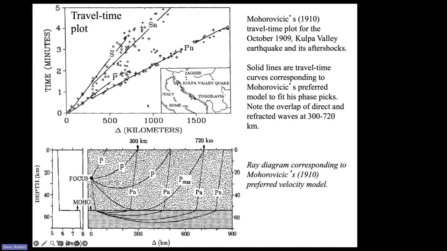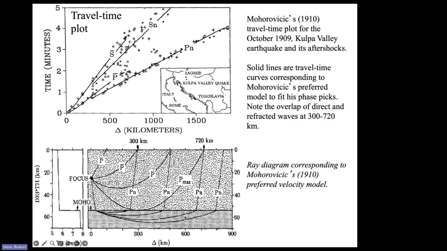And this is how he understood it. The earthquake focus was in the crust somewhere. And then at certain distances, the first arrivals, whatever happens first, are the ones traveling at lower velocities. And then at a certain distance, about 720 kilometers, you start to get your first arrivals having traveled through this faster medium.